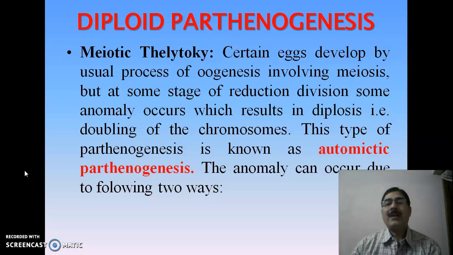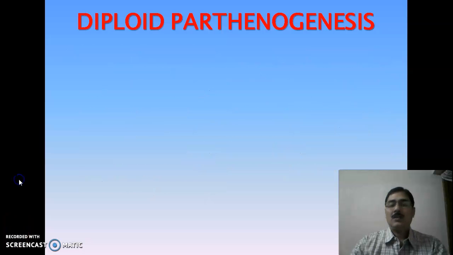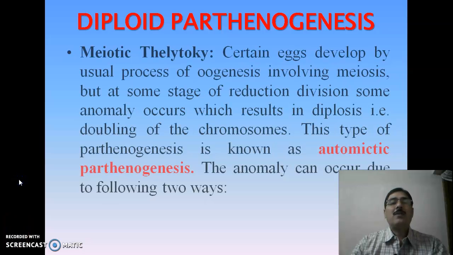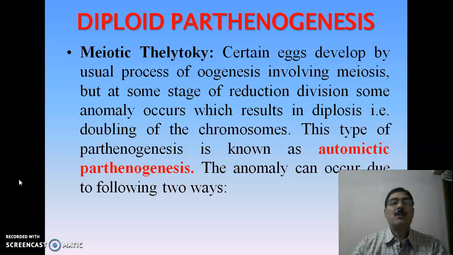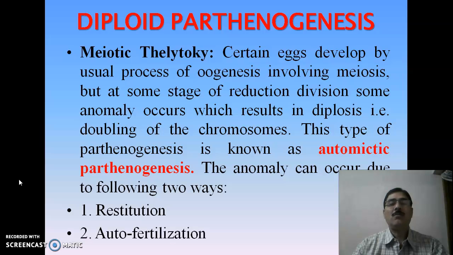The anomaly can occur in the following two ways. So we were talking about meiotic parthenogenesis. The two ways are, number one, restitution, and number two, autofertilization.